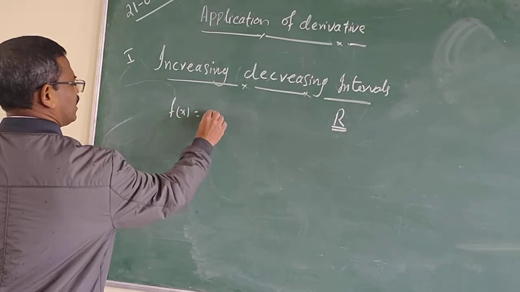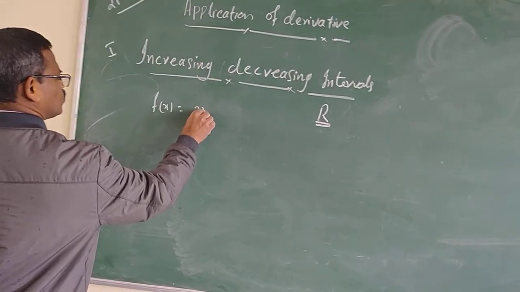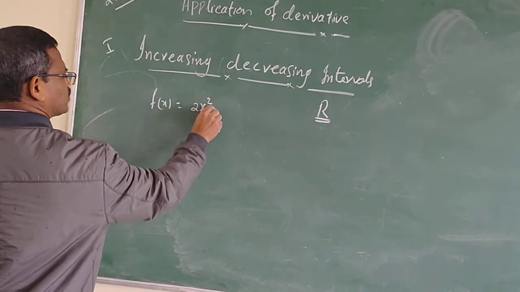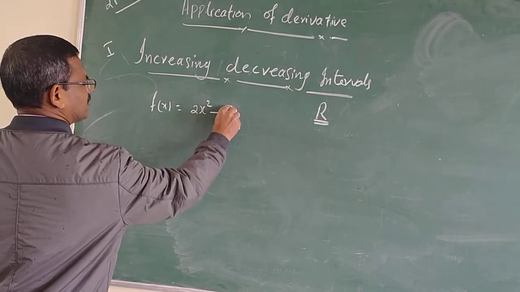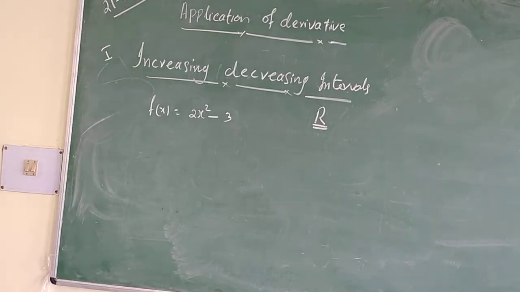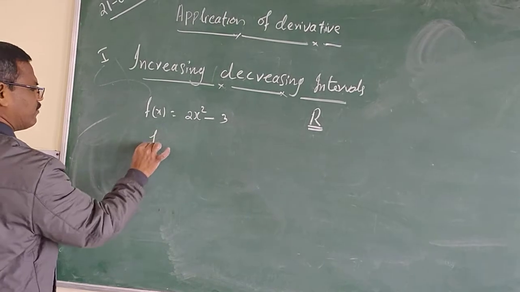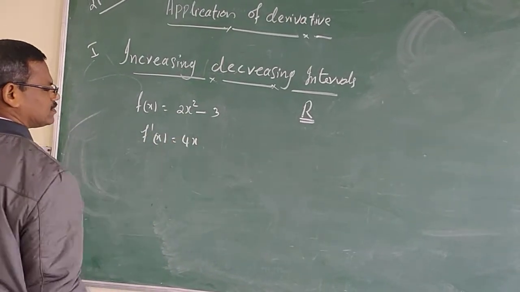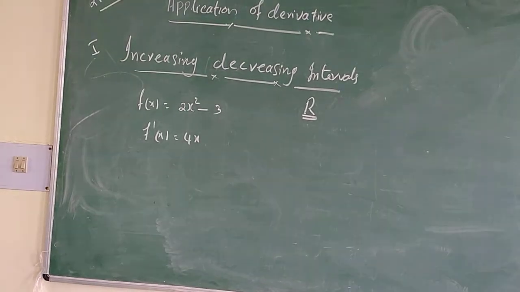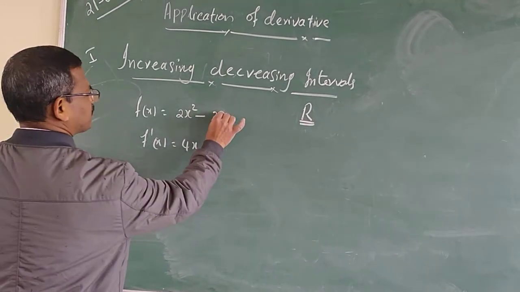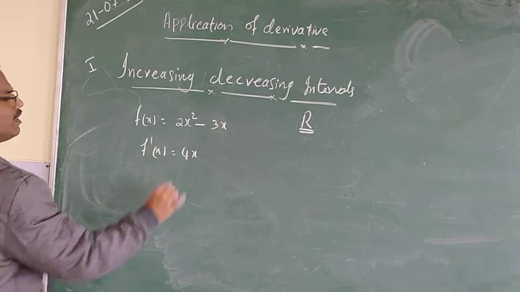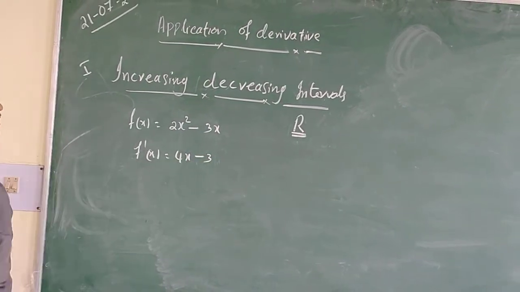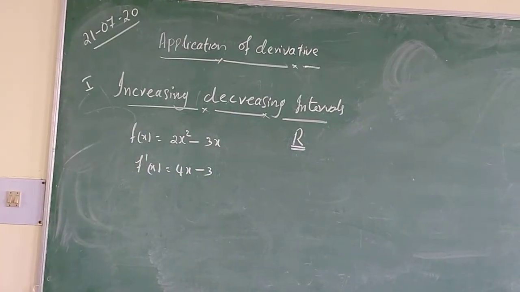Say 2x square minus 3 is the function. So if I find out f dash x is equal to 4x, then let me take here also, because this is 4x minus 3. Okay. So f dash x is equal to 4x minus 3.